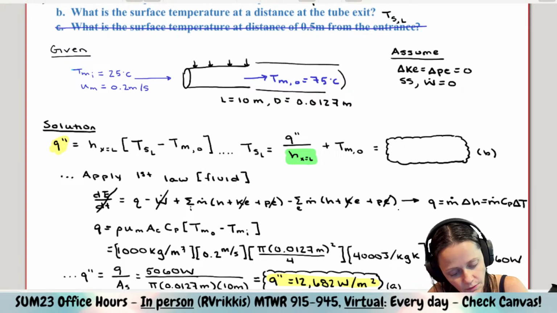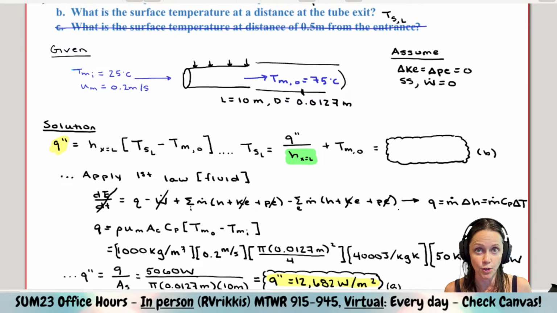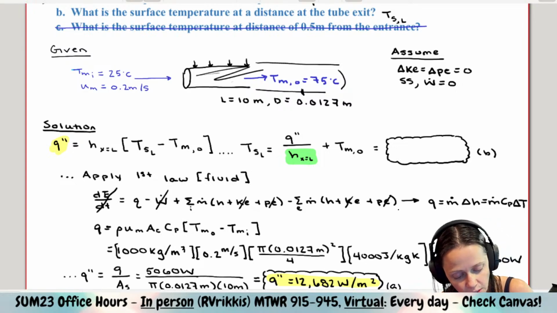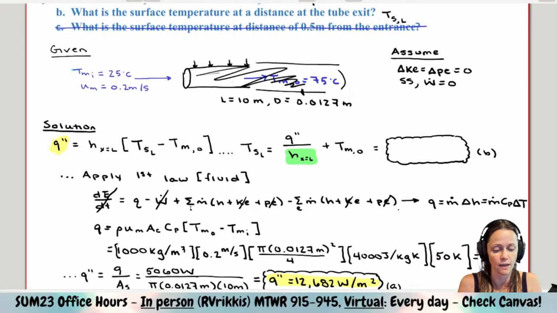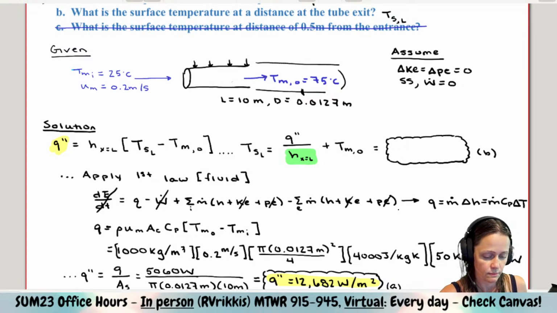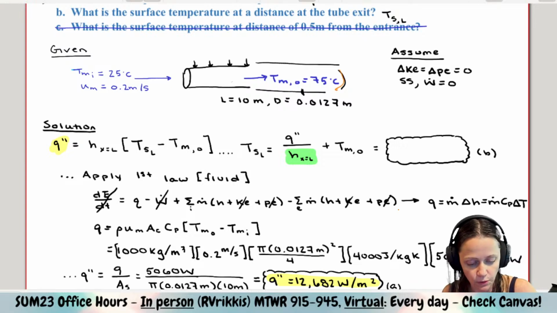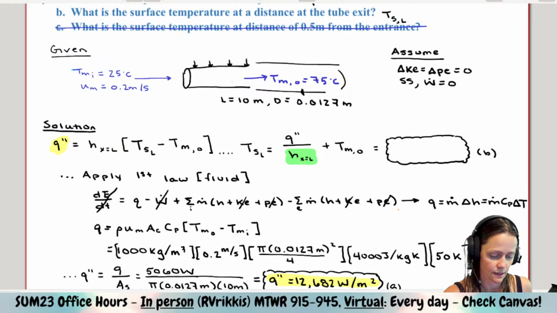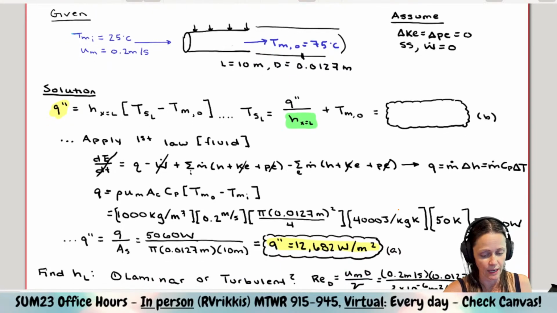So if this is 10 meters, it's about 8 meters before, like, all in this region right here, it's developing, and then from then on out, it's going to be fully developed thermally. We don't really care, because we're interested in x equals L, right? So it's fully developed as far as we care, right?